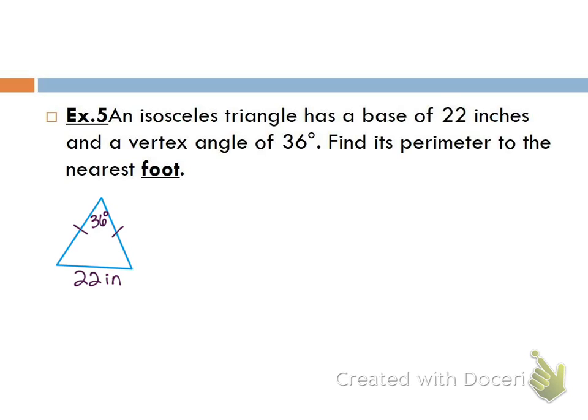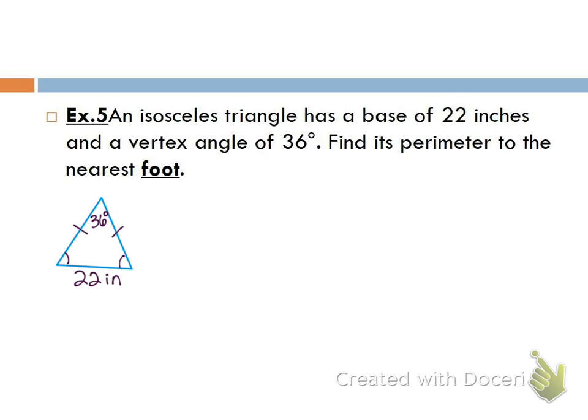So my base angles, which are these ones at the bottom for my triangle, are the ones that are congruent. Now, in order to find another side, we are going to need to know at least one more angle. Since the angles are the same, we'll really know both of them.